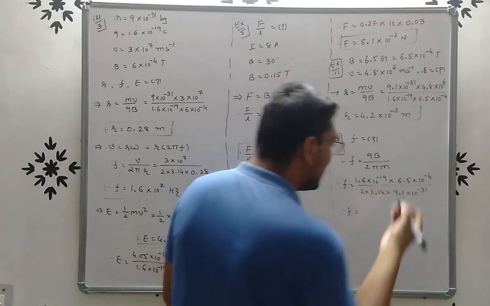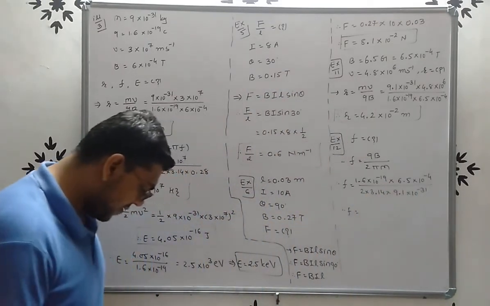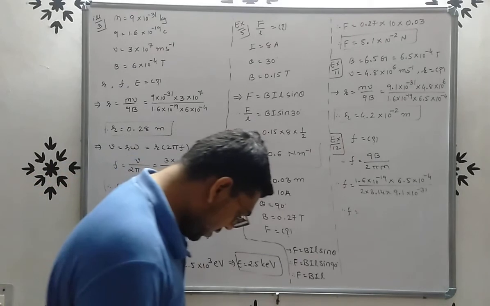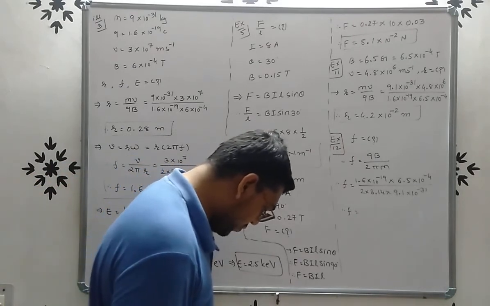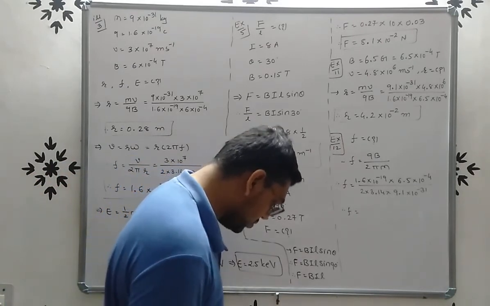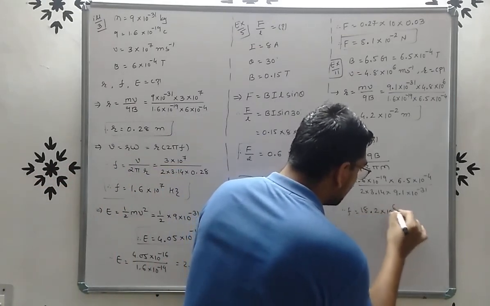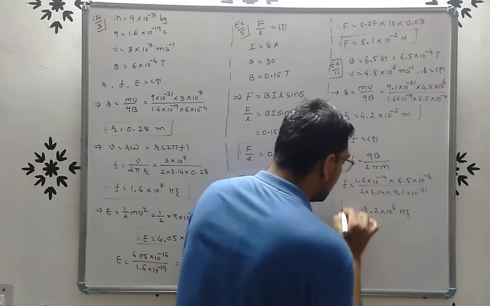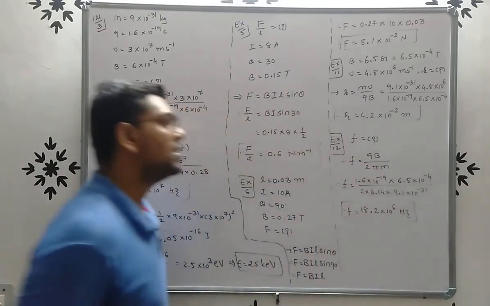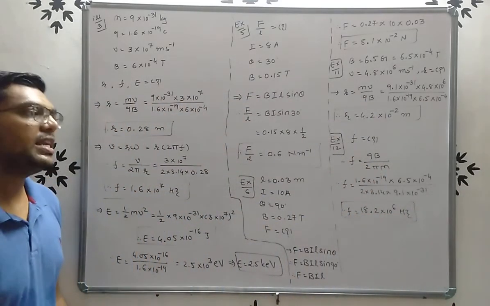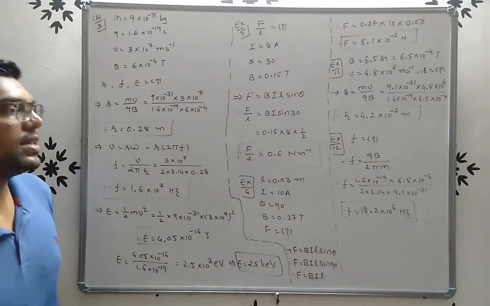So if you calculate this, then you get frequency f is equal to 18.2 into 10 raised to 6 hertz. Right? So here the frequency will be 18.2 into 10 raised to 6 hertz.